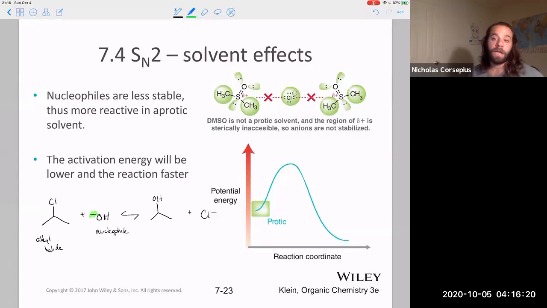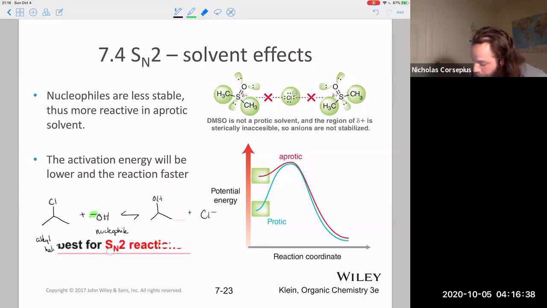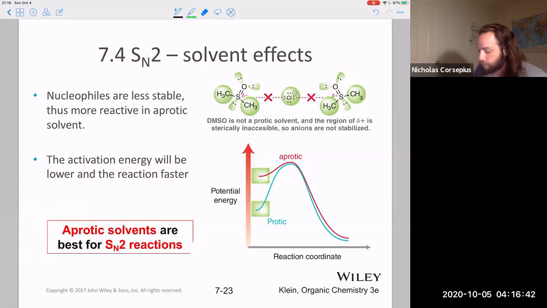So if I change it to an aprotic solvent, it's going to destabilize that negative charge, which means that my reactants are going to actually start off at a higher free energy than they would in a protic solvent. So aprotic solvents are actually great for SN2 reactions because they destabilize that nucleophile.